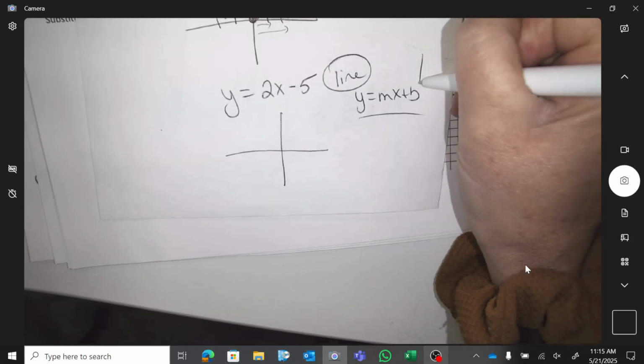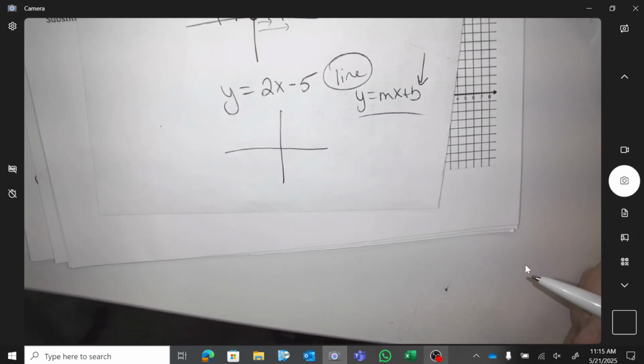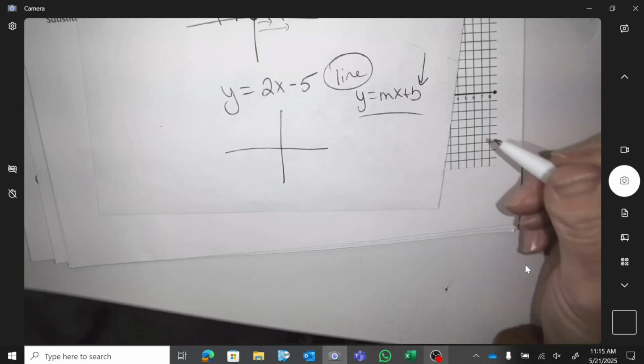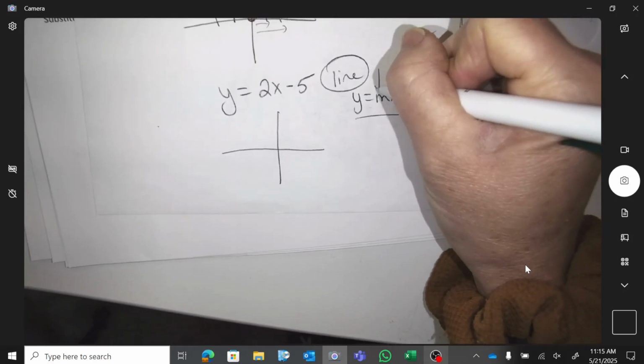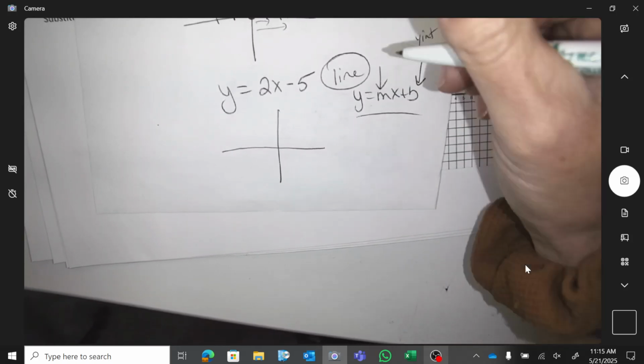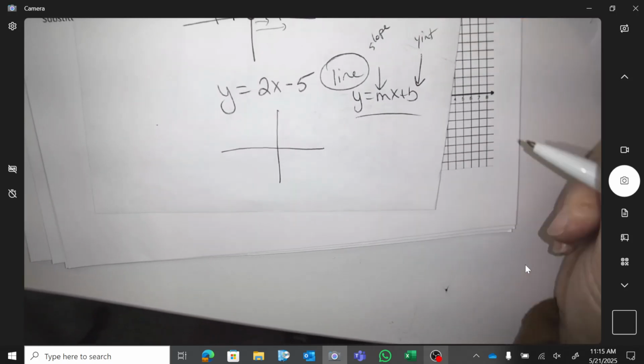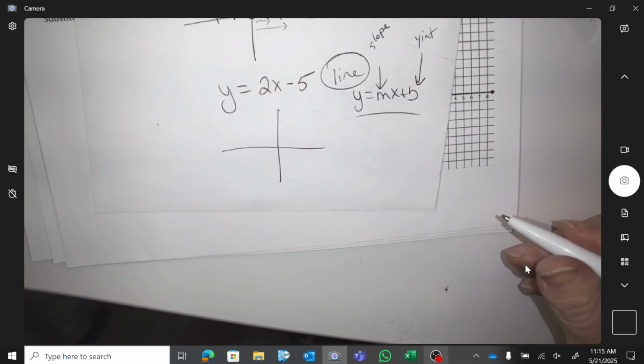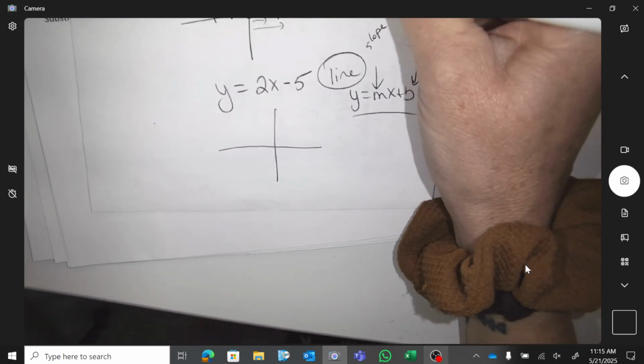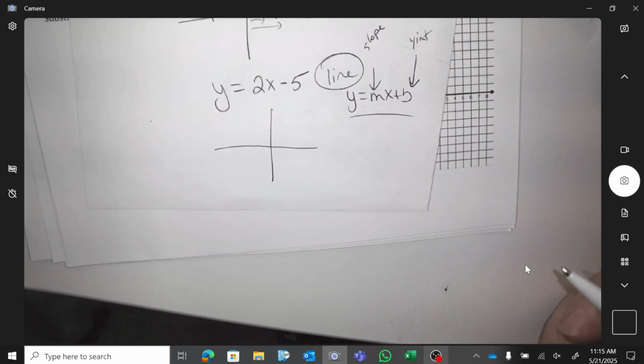What does that number at the end tell me about the line? The y-intercept. What does m represent on a line? A slope. What kind of movement do you do when you slope something? You do a rise over a run.